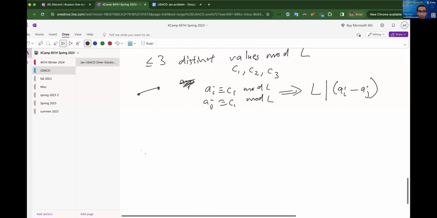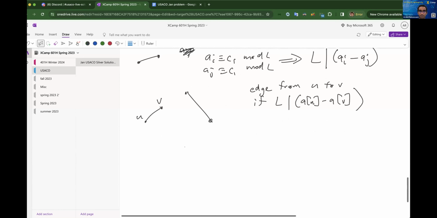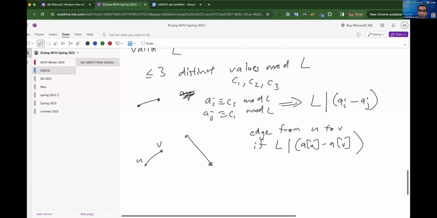So consider a graph. Of course, given the constraints, we can't construct this graph for every L. But let's say there's an edge from U to V if L divides AU minus AV. What can we observe about this graph?